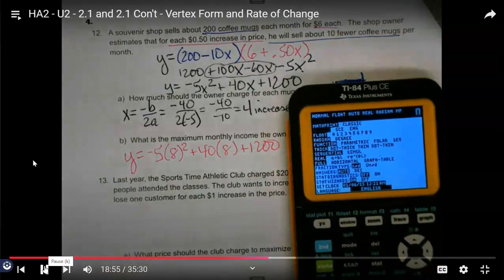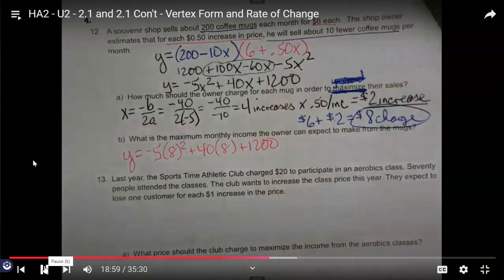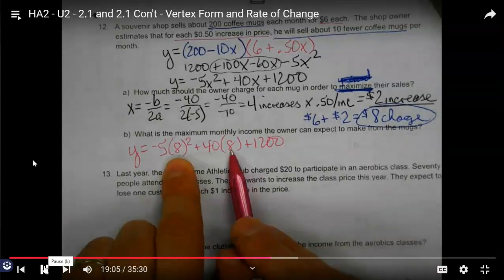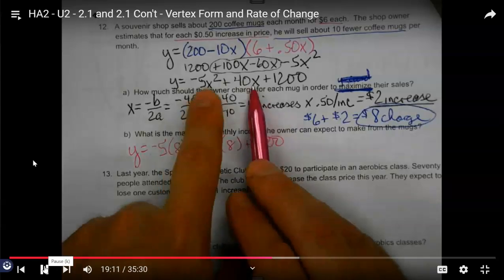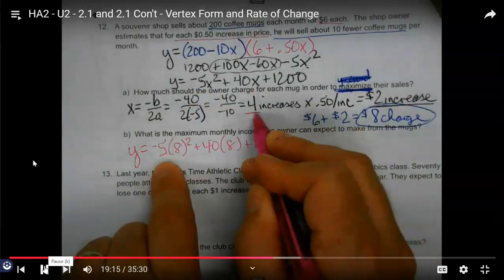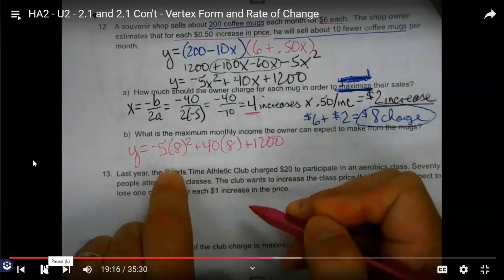So I'm going to go ahead here. Ooh, now wait, did I just... Oh, I almost did it bad. I caught myself. Anybody know why putting 8 in would have been bad? What was the x value I found? Okay.